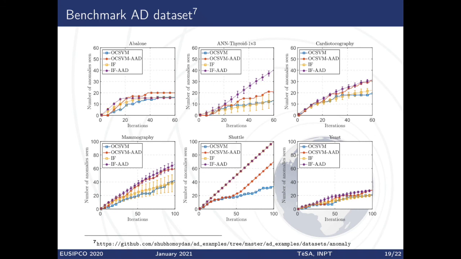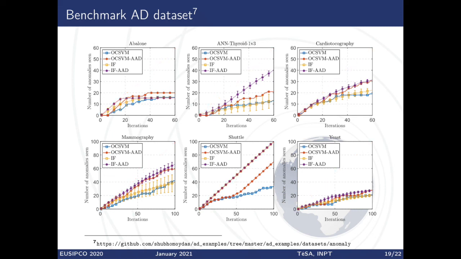We also try to challenge this method on benchmark anomaly detection datasets. So here the purpose is to show the more anomaly to the expert, and therefore we plot the number of anomalies presented to the expert versus the number of data presented to the expert. So the optimal solution should be a straight line with slope 1 and passing through the origin.